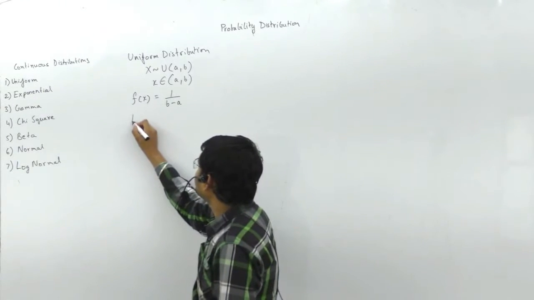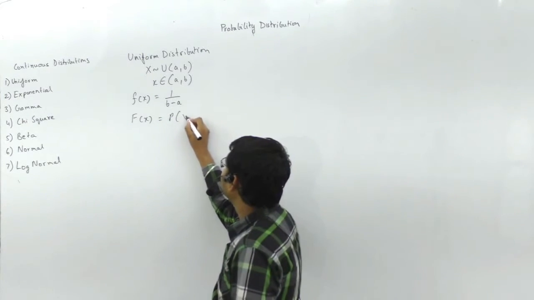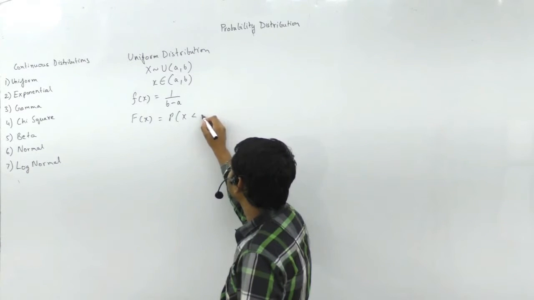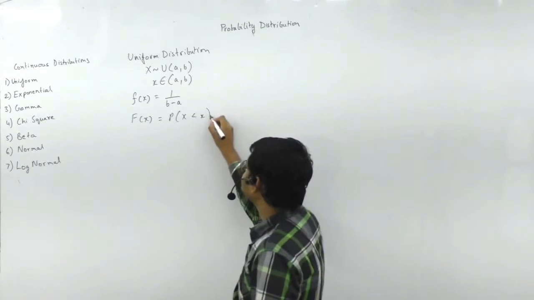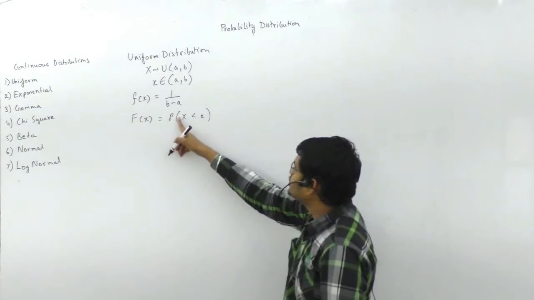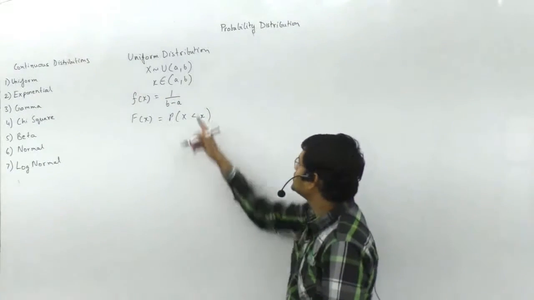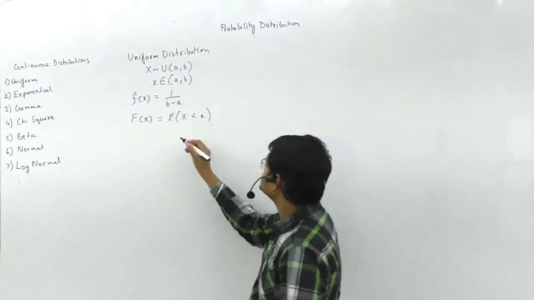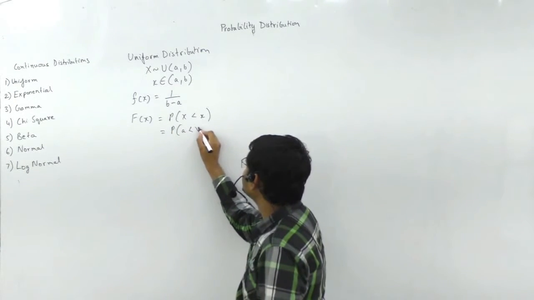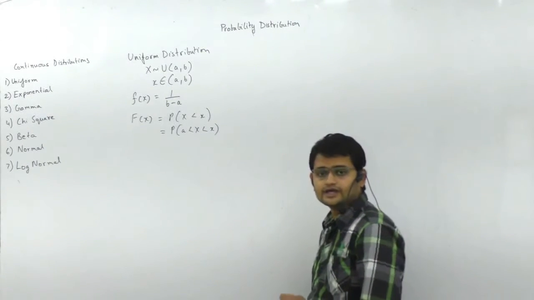So we can find capital F(x). Capital F(x) is nothing but probability x is less than a particular value, let's say x. Now when we say probability x is less than a particular value x, the lower limit is always the lowest limit of x. Now the lowest limit of x is here a, so this can also be written as probability a less than X less than small value x.